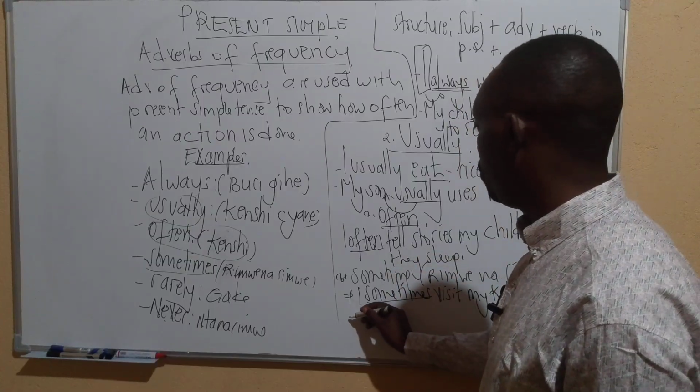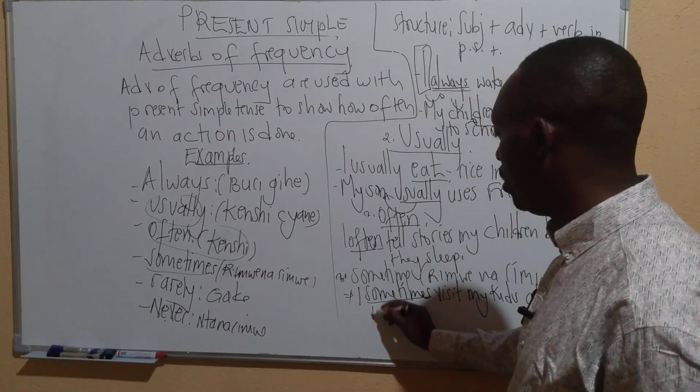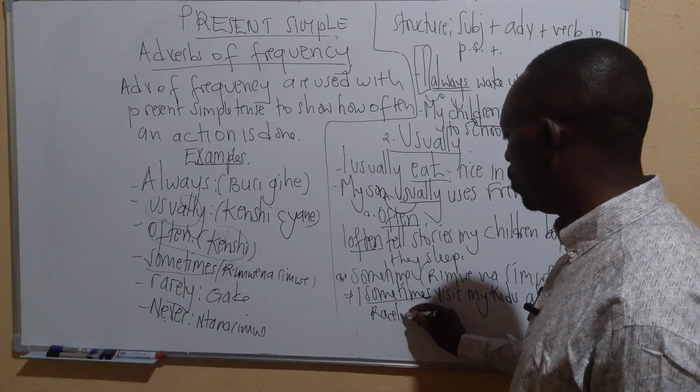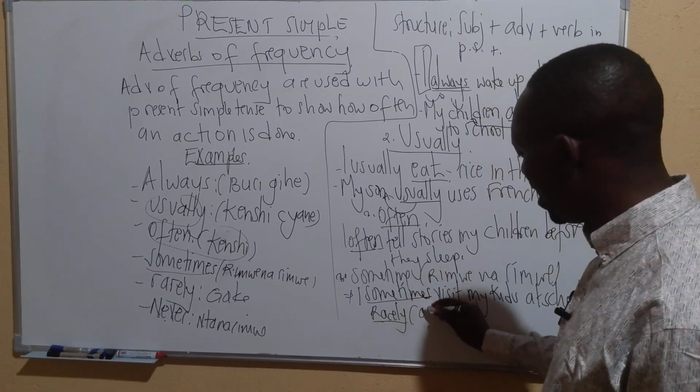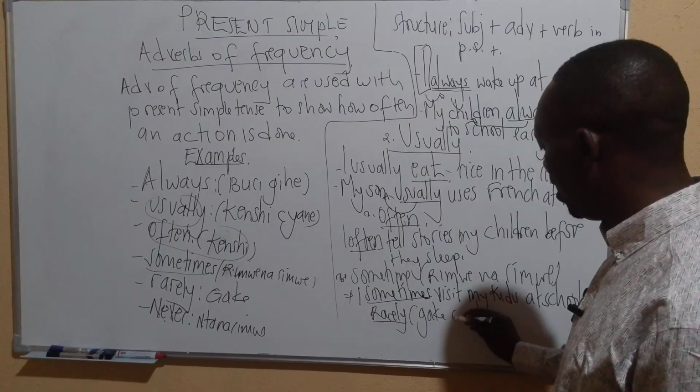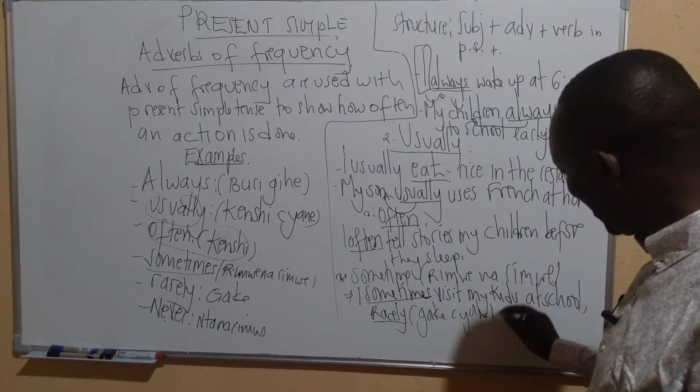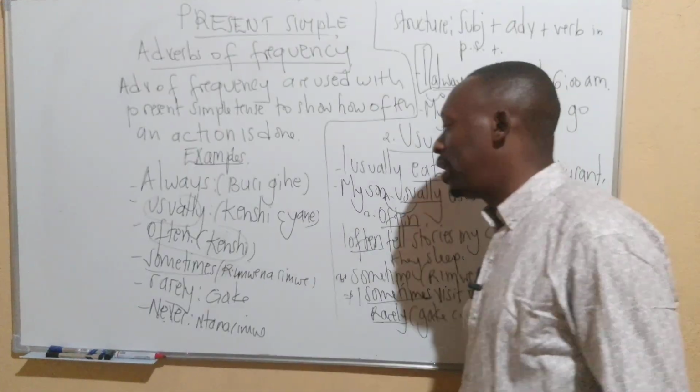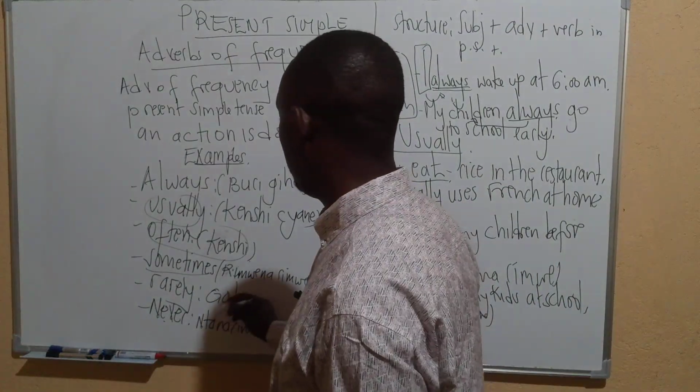Now, another adverb of frequency we have is rarely. Iyi rarely tuyikoresha ku gikorwa kiba gake cyane. Iyo igikorwa kiba gake cyane ukoresha akajambo rarely, or you can even use seldom.